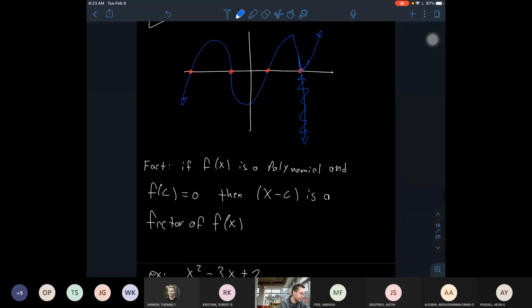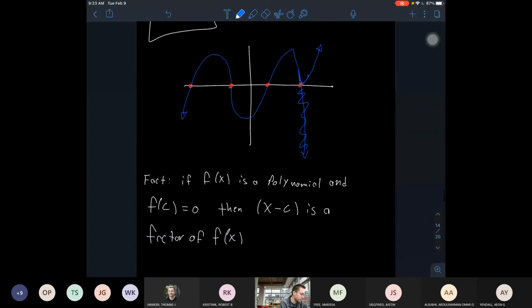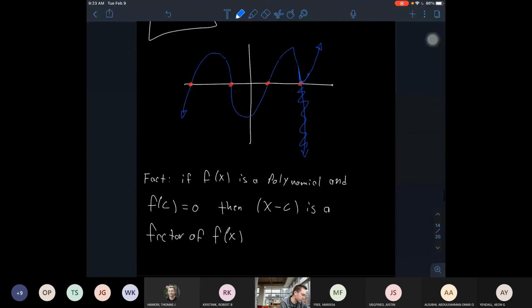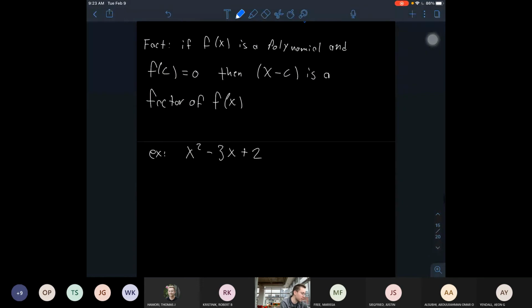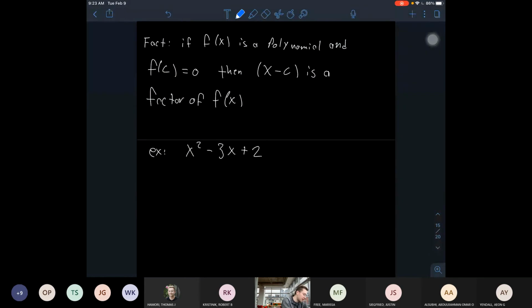So here's a fact. If f of x is a polynomial and f of c is equal to 0, then x minus c is a factor of f of x. We've seen this all the time when we talk about factoring polynomials. If we take x squared minus 3x plus 2 equal to 0, we would factor the left-hand side. We'd get x minus 2 times x minus 1 equals 0, which implies x equals 2 and x equals 1 are zeros.